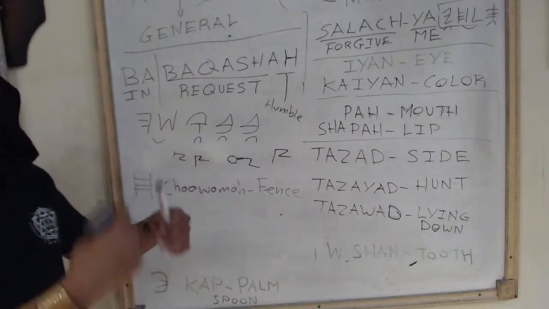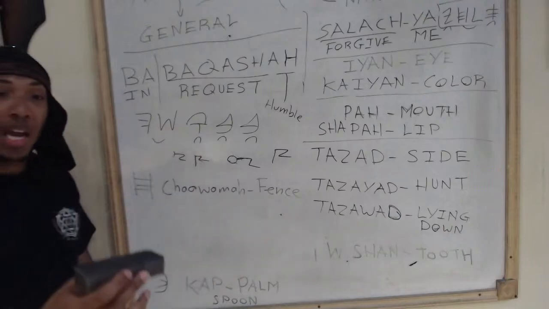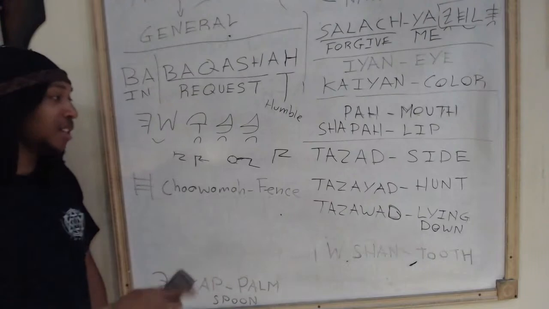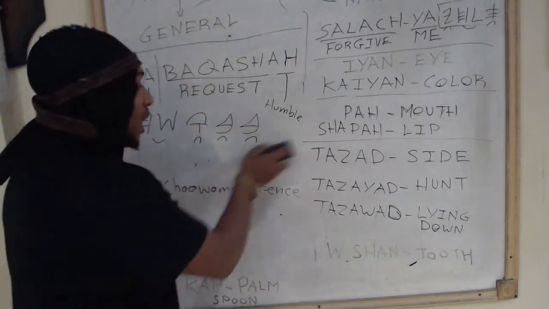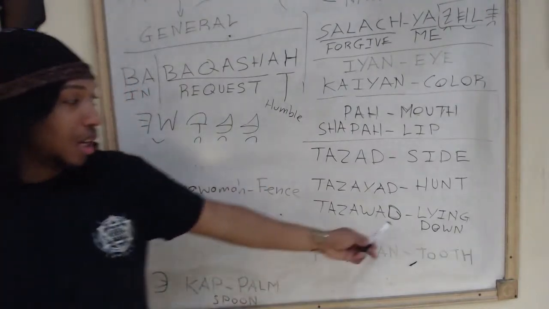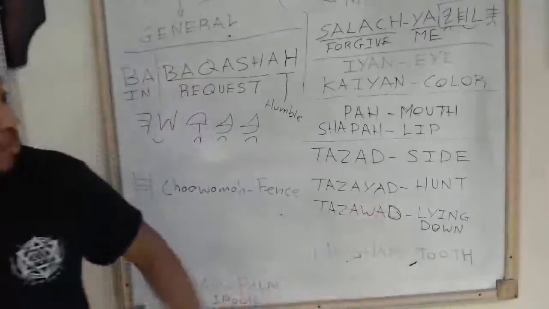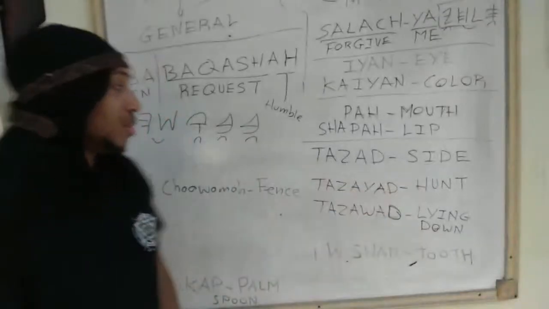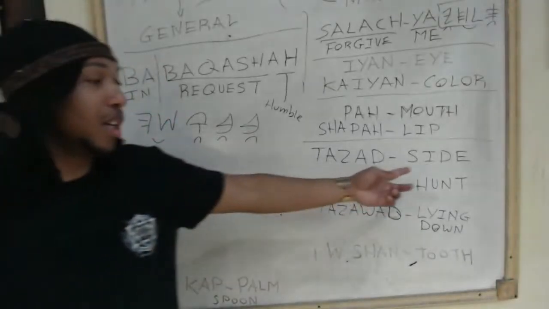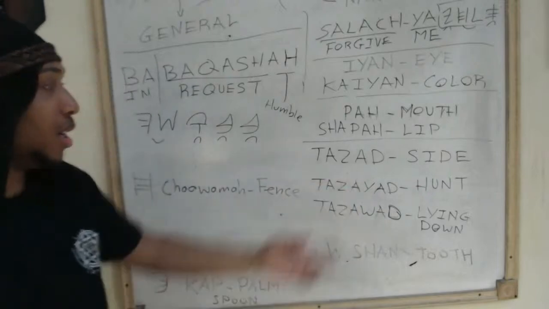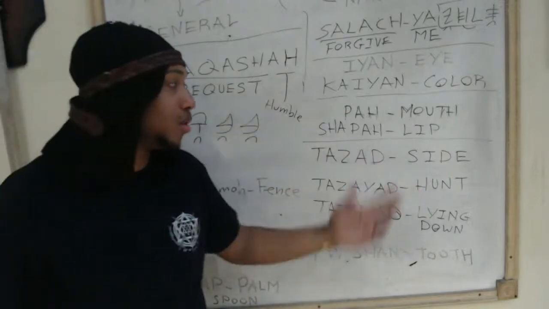It's the written advancement of writing a man lying down on his side, right? So that's how we get the term Tazad, you lying down, you're in bed, you're on your side. Side. The English word is Hebrew. It's a Hebrew word.